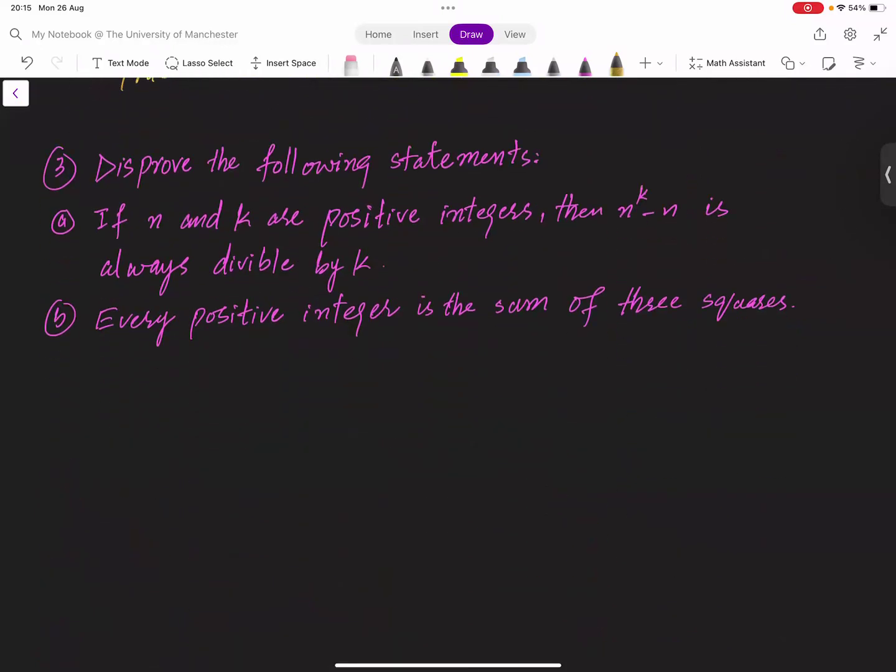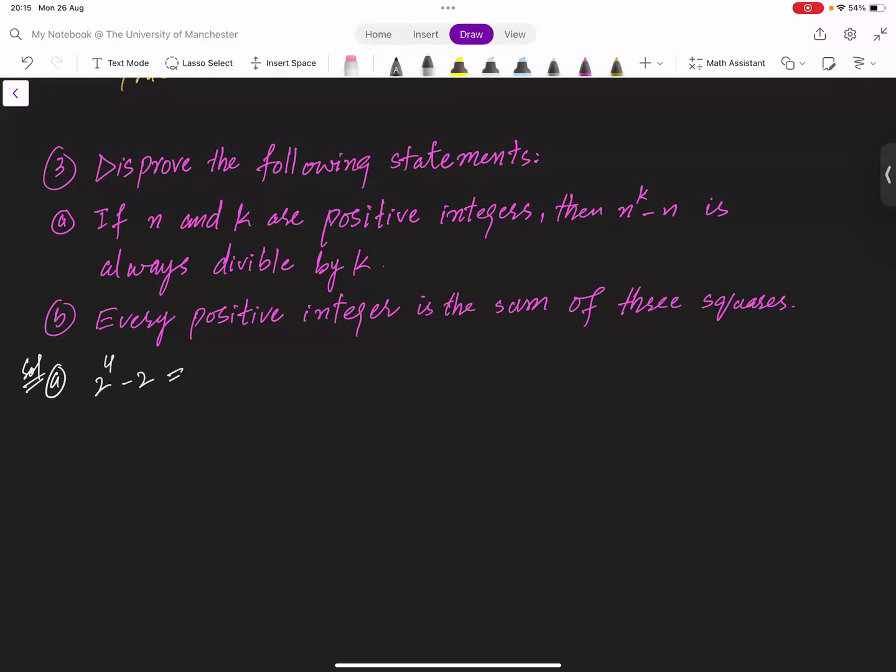Okay. Question number 3 says disprove the following statements. Statement 1 is if n and k are positive integers, then n power k minus n is always divisible by k. And to disprove it, for part A solution, let's take n is 2, k is 4.